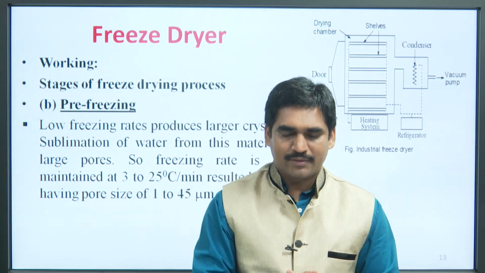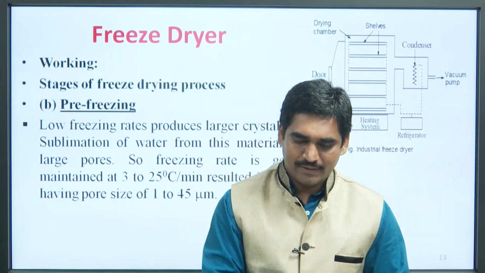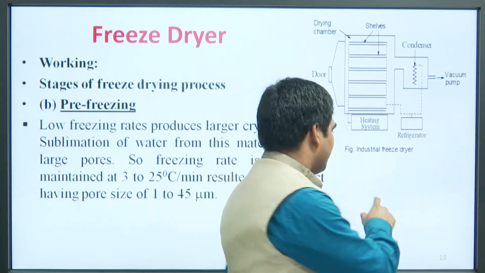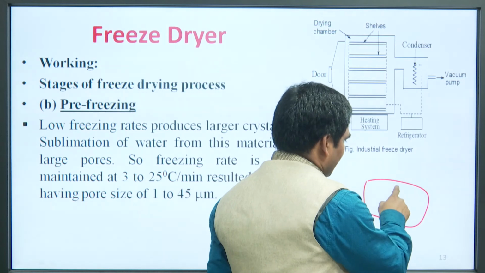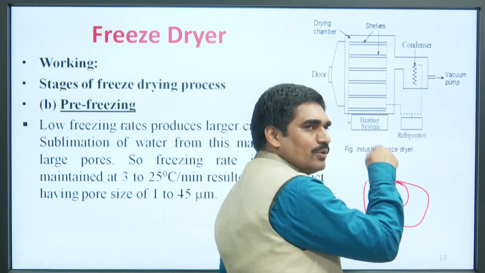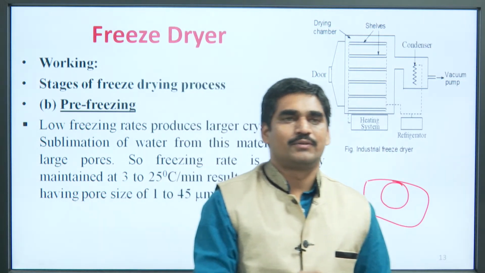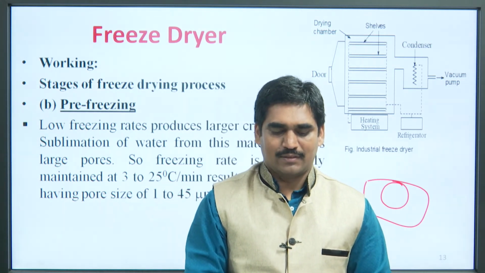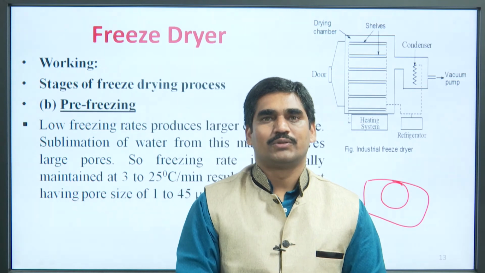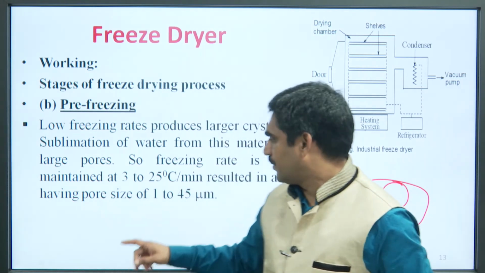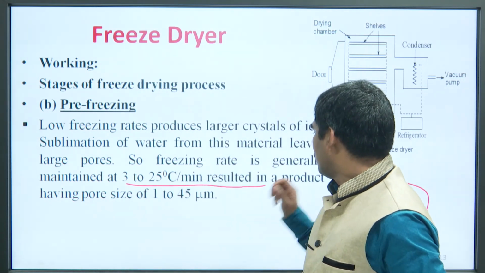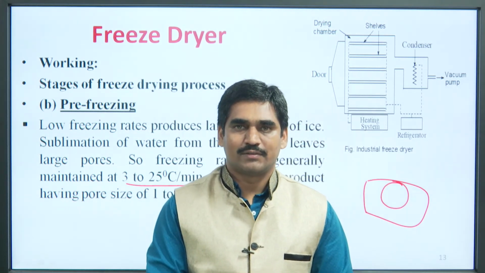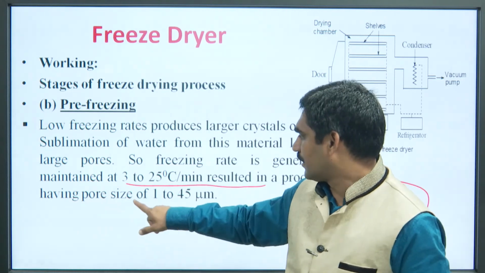So, sublimation of water from this material leaves large pores, suppose this is the ice, these pores or holes are left after drying due to the sublimation process. So, freezing rate is generally maintained at 3 to 25°C per minute, which results in a product having pore size of 1 to 45 micrometer.